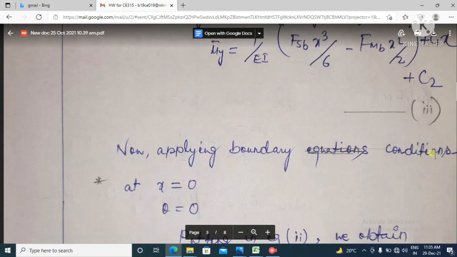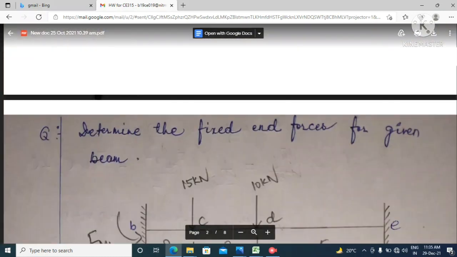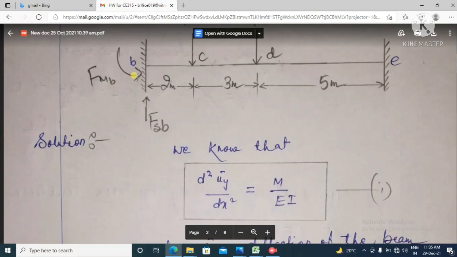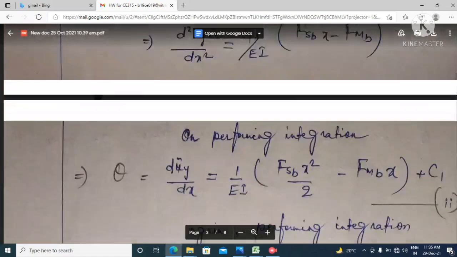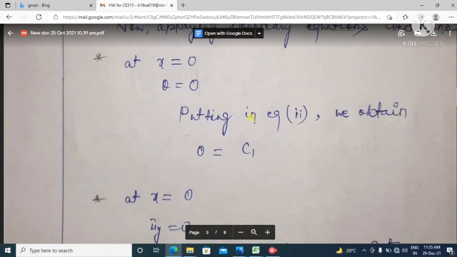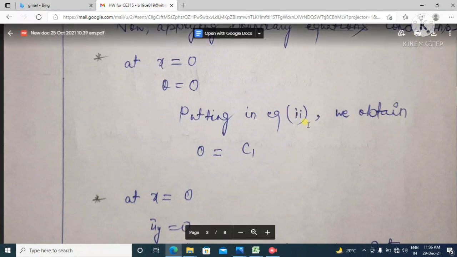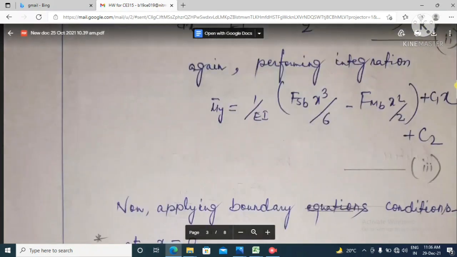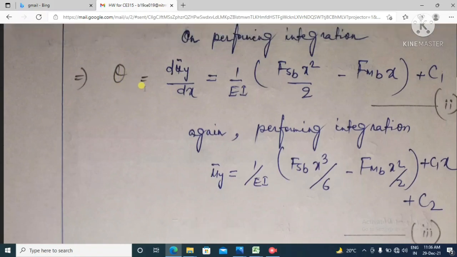So now applying boundary conditions. What is the boundary condition? At x is equal to 0, it is fixed support. So it is fixed at x is equal to 0, so theta will be 0, and as well Uy will also be 0. So putting x is equal to 0 in equation 2, theta at x is equal to 0 is equal to 0.